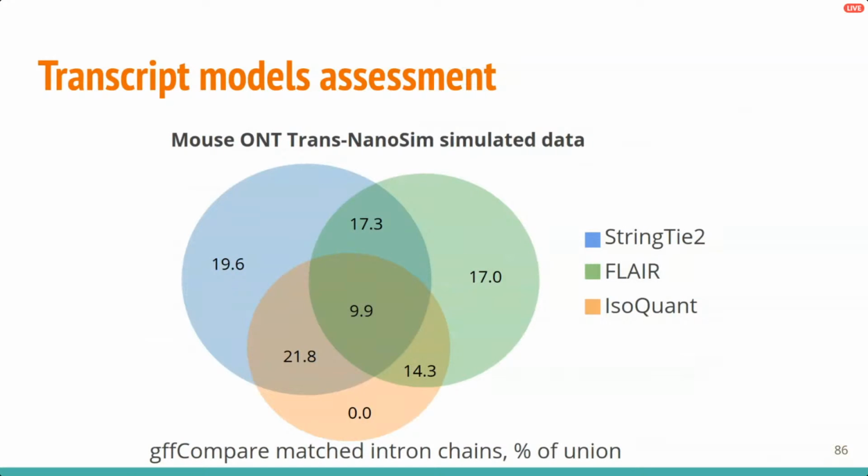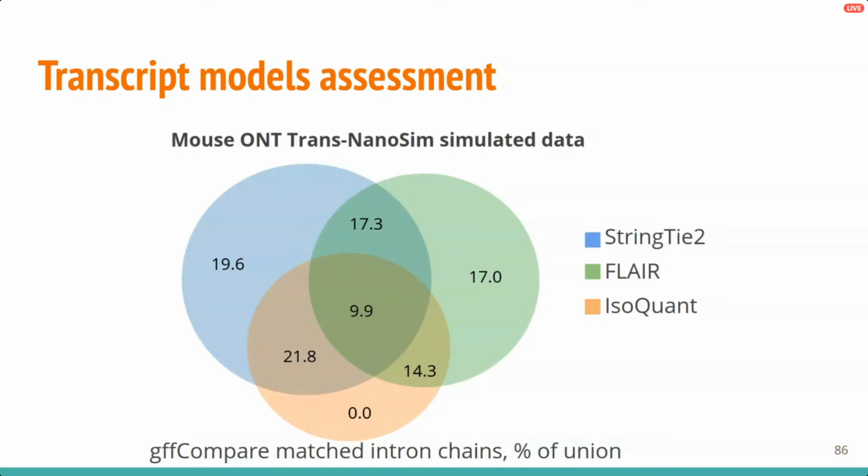We also decided to check how well those tools agree with each other, how consistent their output is. It appears that only 10% of the union of all transcripts belongs to all three tools, which is not a lot.